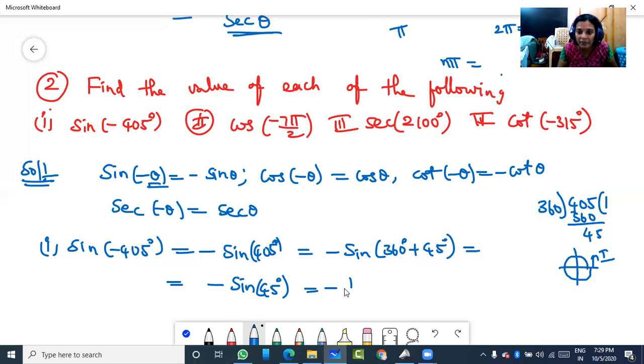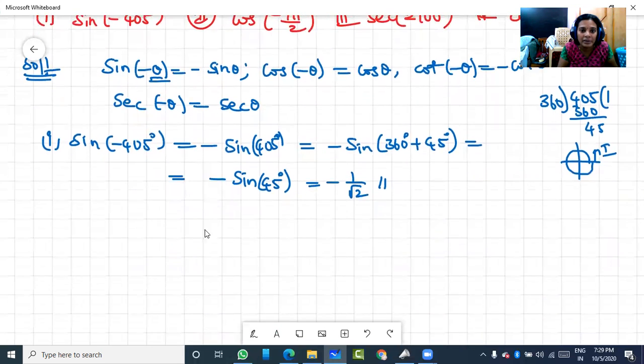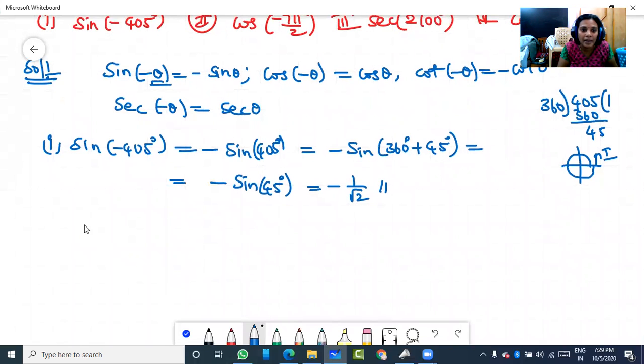Value is sine 45 which is 1 by root 2. Therefore, sine of minus 405 degrees is equal to minus 1 by root 2. It is the answer.